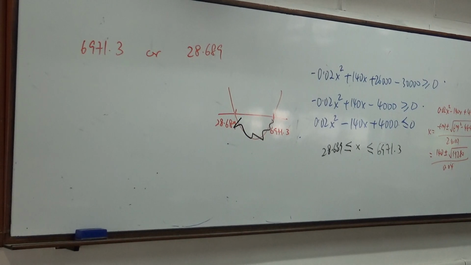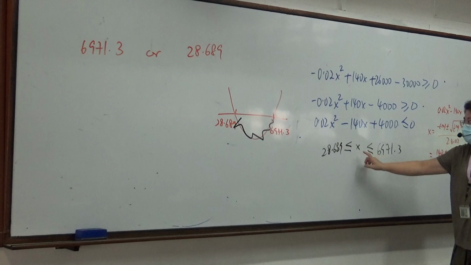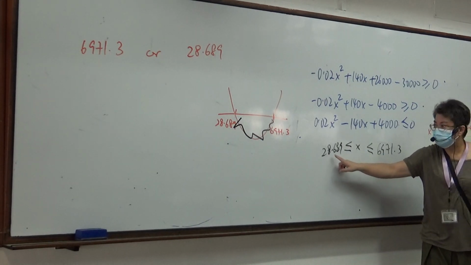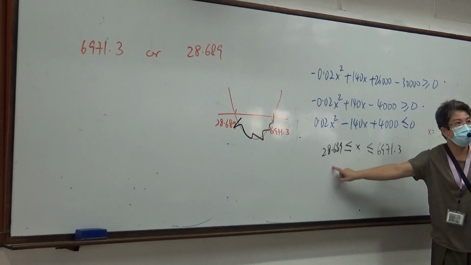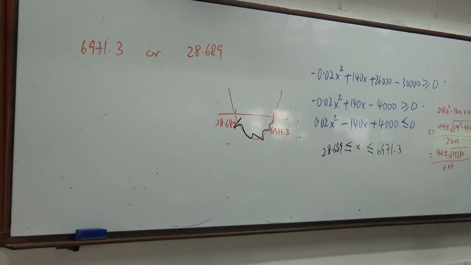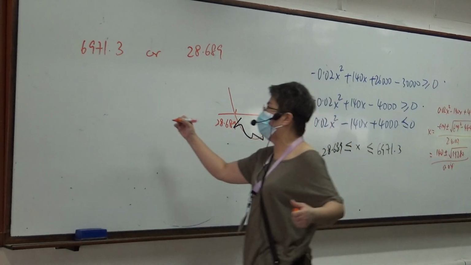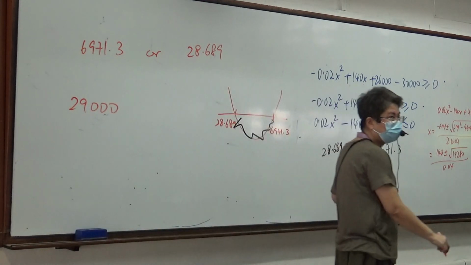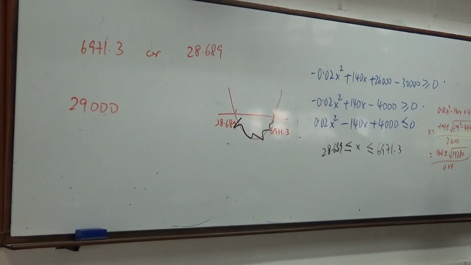Alright. Now, don't forget, x is in thousands. I must round to the nearest whole number, right? So what should this smallest number be? 29, right? Do you agree? It must be 29. So the minimum number is actually 29 what? 1,000. Can you see it? Yes or no? Okay.